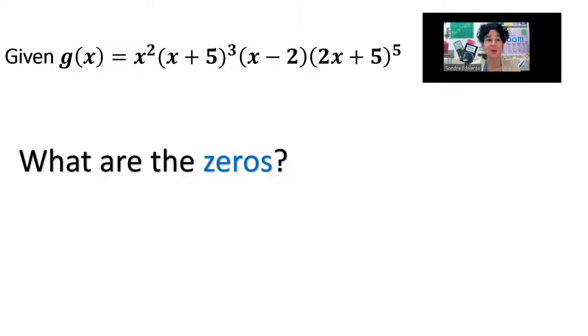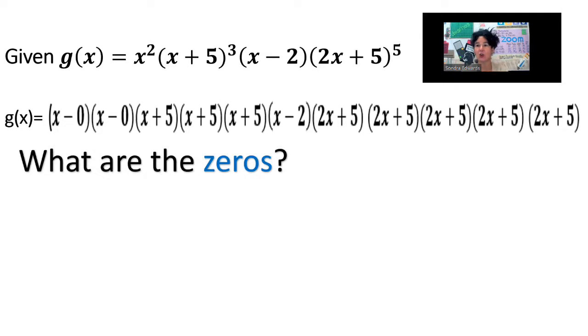Now that we've talked about the end behavior at length, let's go back to the x-intercepts of a function, known as the zeros. In this particular example for g of x, we already have it factored, and that's where those zeros stand out. You don't need to expand this any further, but I'm expanding it just so that you can really see what's going on.